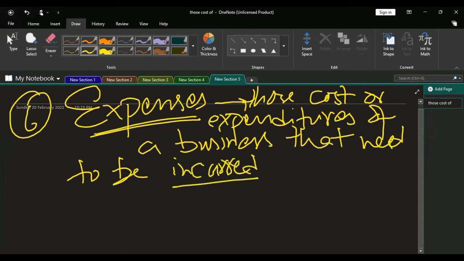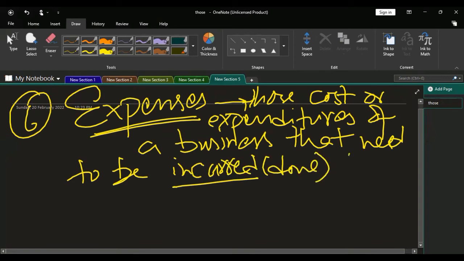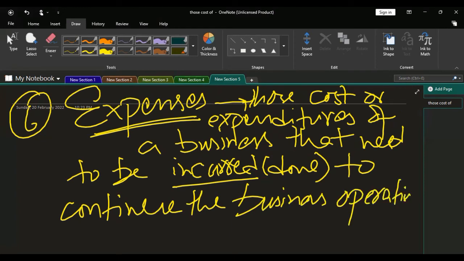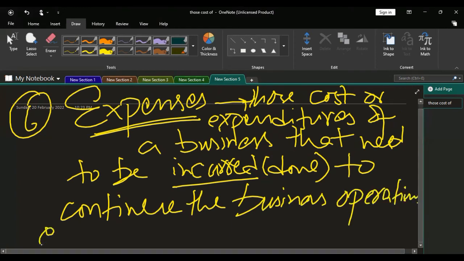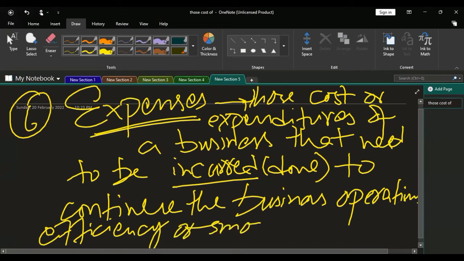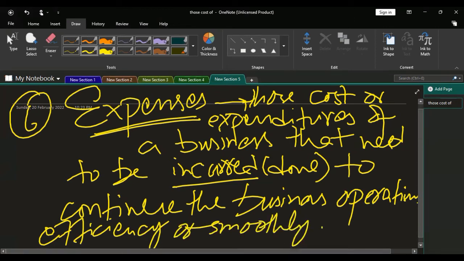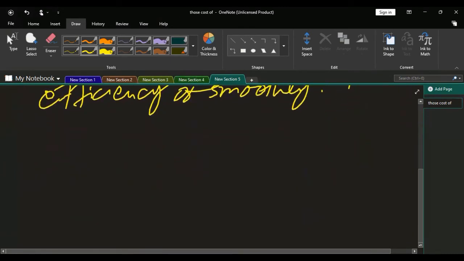Incurred means done to continue the business operations efficiently or smoothly. So now we are going to study different types of transactions related to expenses.